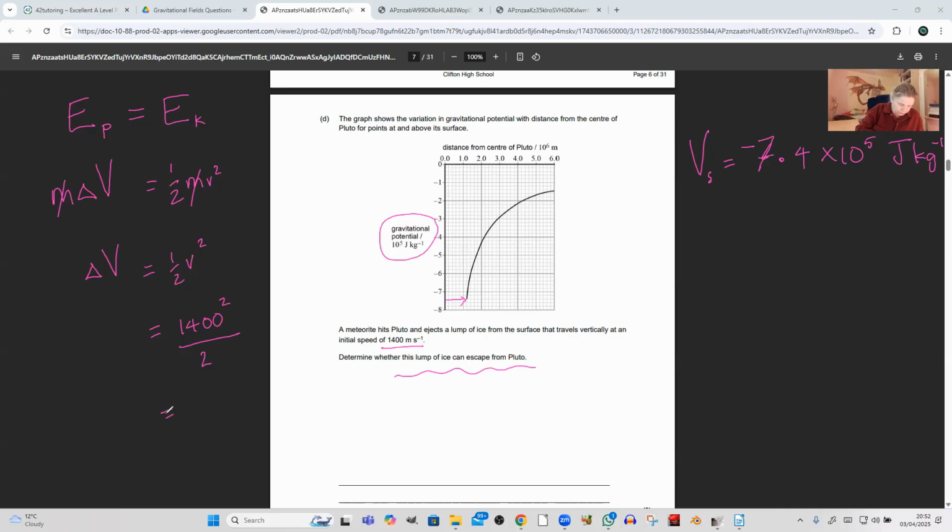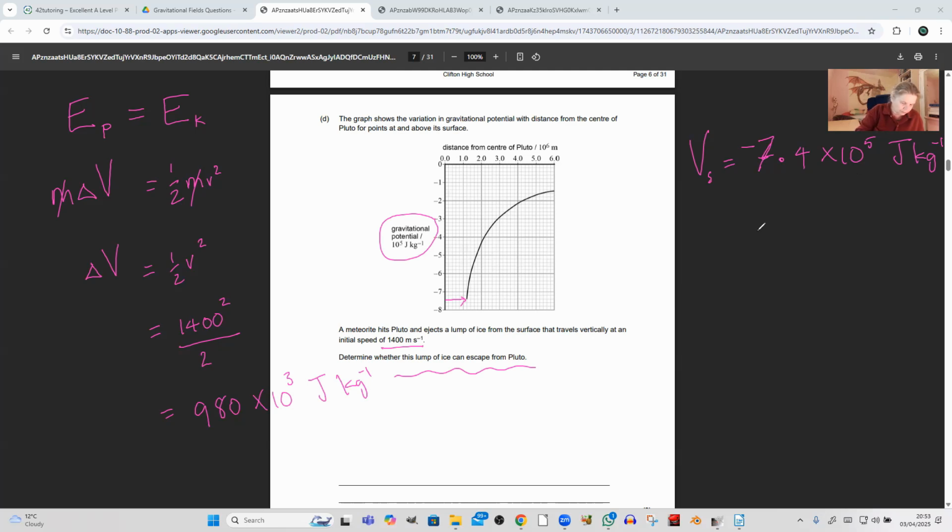Okay, so it's 1400, and we've got to square it. We've got to then divide that by 2, and I get 98 and then 4 zeros. Let's press my engineering button. 980 times 10 to the 3. Okay, this is joules per kilogram. Right, now, is that bigger or smaller than that? Oh, I want them both in the same units. So I'm going to press my engineering button again.